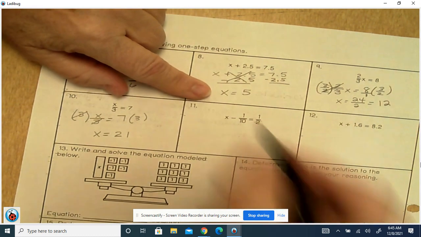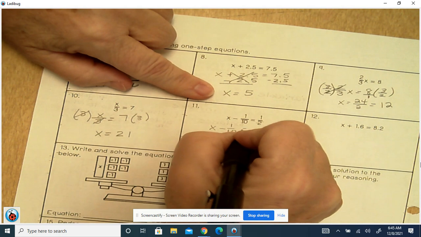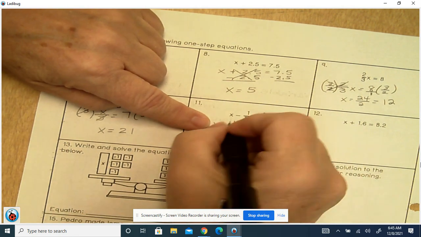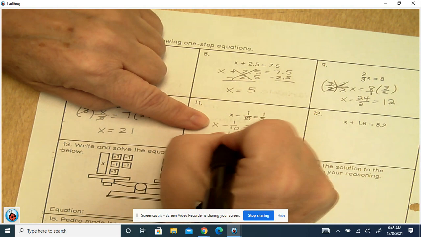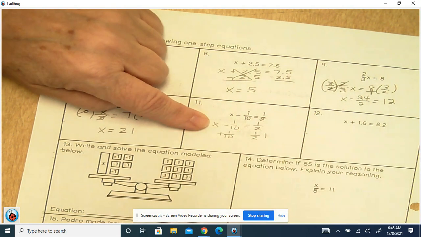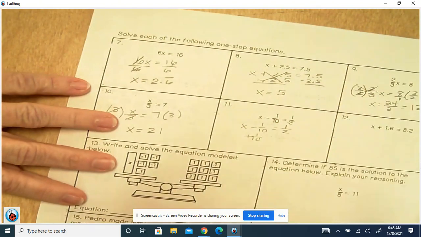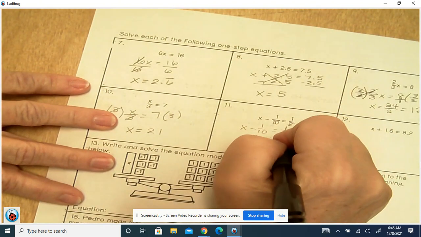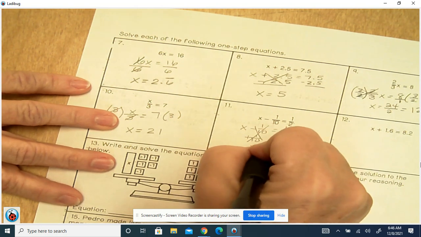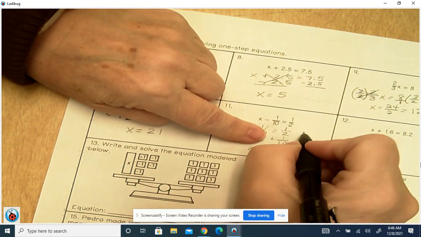Number 11, x minus 1/10 equals 1/2. We have subtract, so we're going to do the opposite and add 1/10 to both sides. This side cancels out, and you're left with x equals, and we're adding, so we've got to find a common denominator.